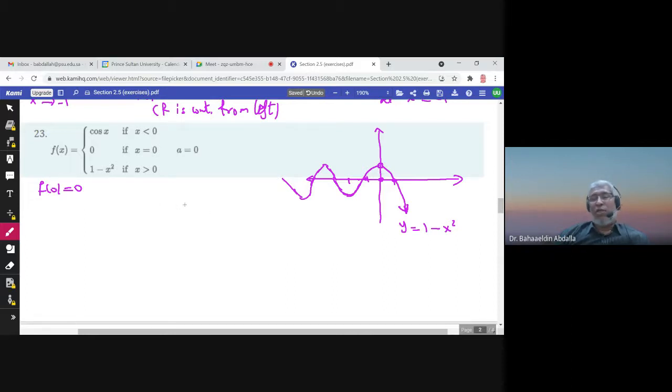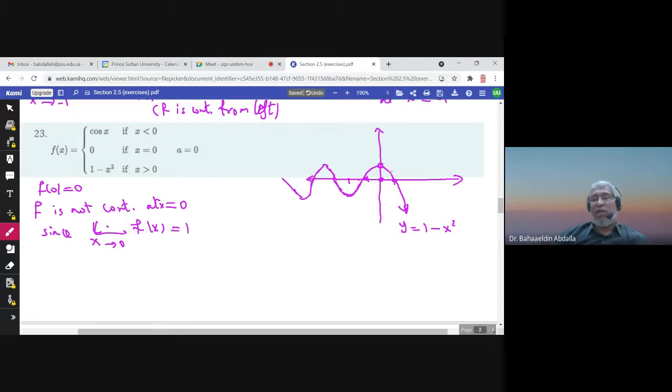Now, where is it not continuous? It's not continuous only at 0. And why is it not continuous at 0? Since the limit of f of x when x approaches 0 is 1.